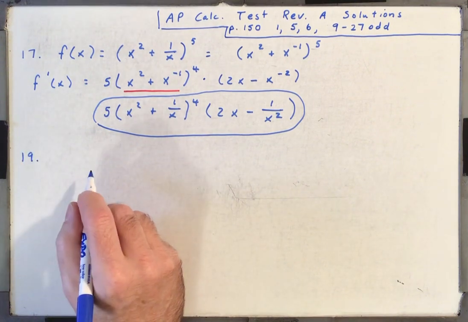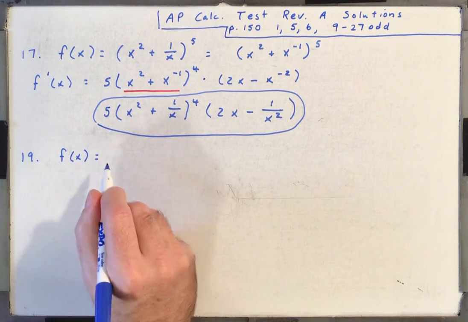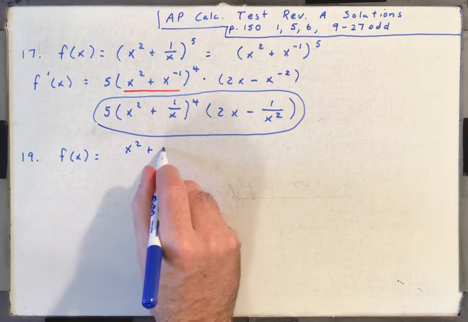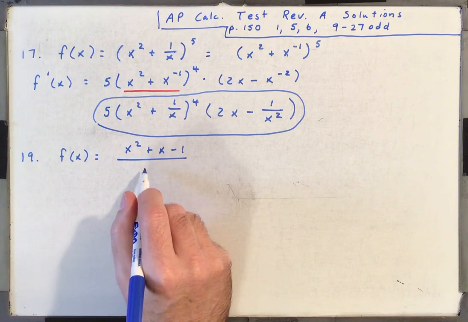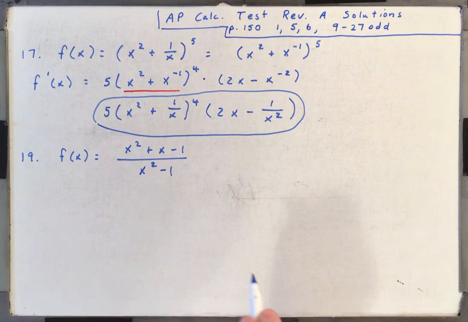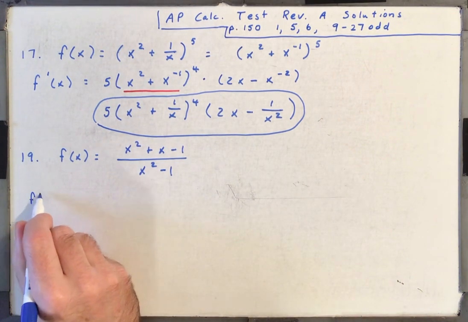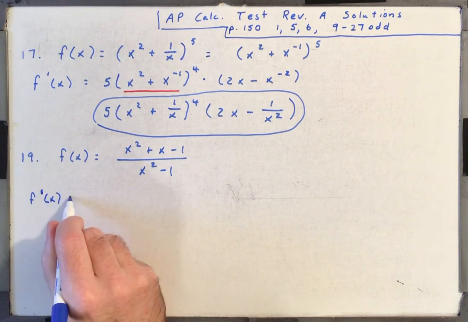All right, 19, f of x is equal to x squared plus x minus 1 over x squared minus 1. Okay, so this is a quotient rule. There's not really any other easy way to do it.